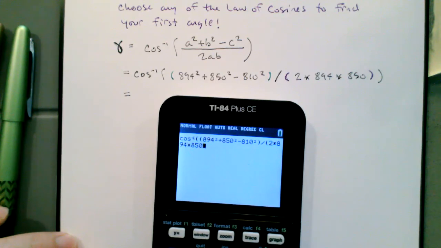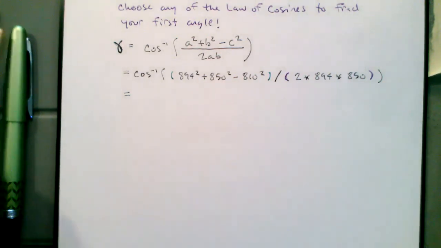Close the denominator, close the cosine inverse, double check. A, B, C, 2A, B, cosine inverse, we're in degrees, hit enter. Looks like gamma is 55.3 degrees.